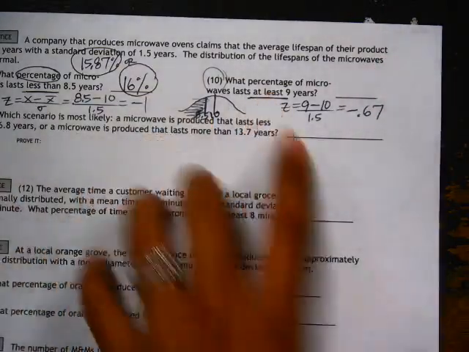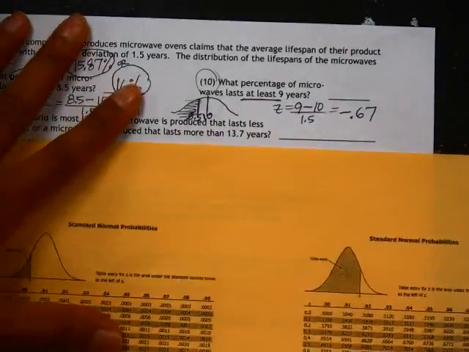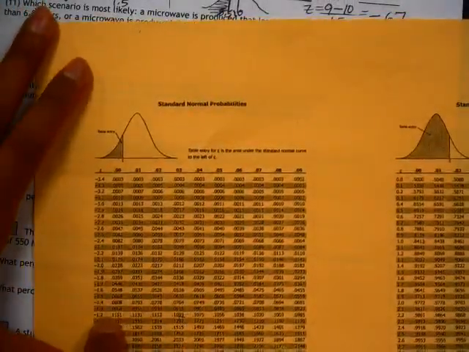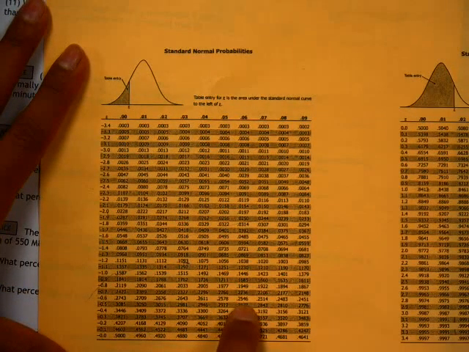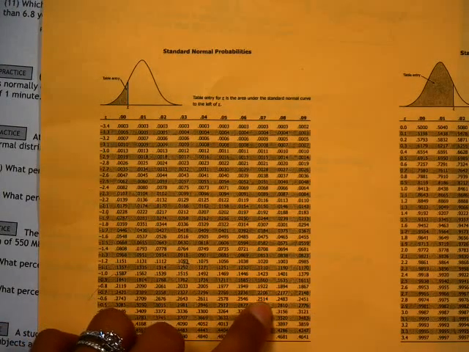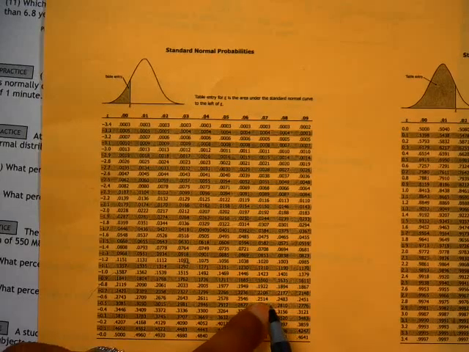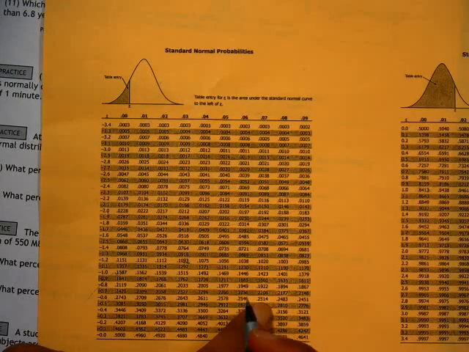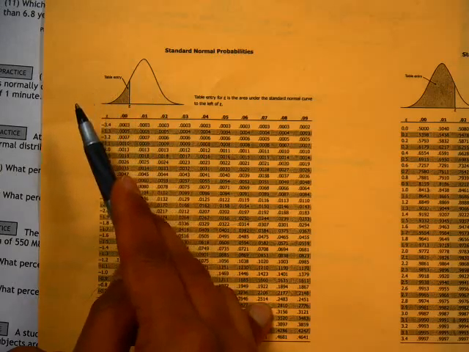To find the percentage of microwaves that last at least 9 years, we need to look at the table for z equals -0.67. So -0.67 will be right here at 25.14%. But this percentile gives you the percent that lasts less than, which is why on the curve it is shaded left of the line.